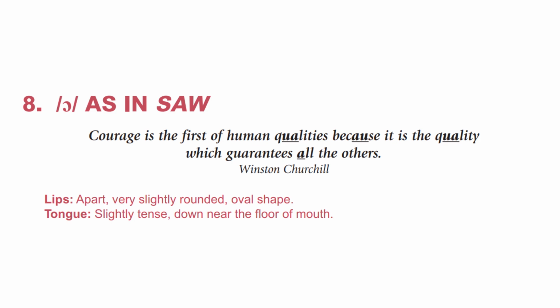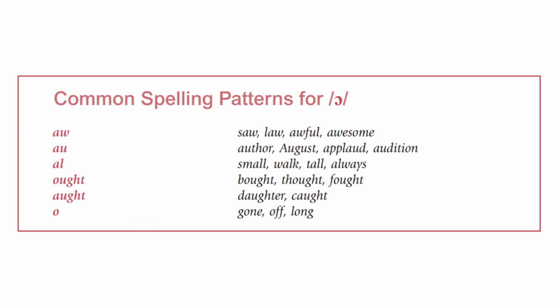Aw, as in saw. The lips are apart and very slightly rounded, and they're oval in shape, and the tongue is slightly tense and it's down near the floor of the mouth. The common spelling patterns for this sound include AW, as in saw, law, awful, and awesome. AU, as in author, August, applaud, audition.